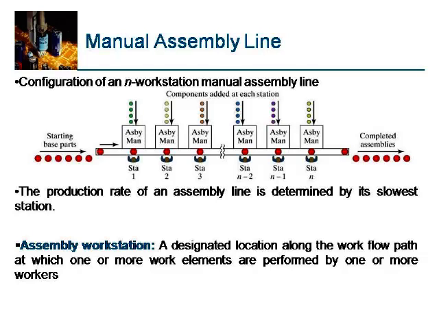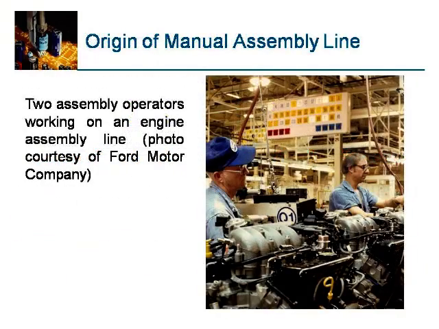Assembly workstation is nothing but a designated location along the workflow path at which one or more work elements are performed by one or more workers. You see here in the typical manual assembly line, two assembly operators working on an engine assembly line.